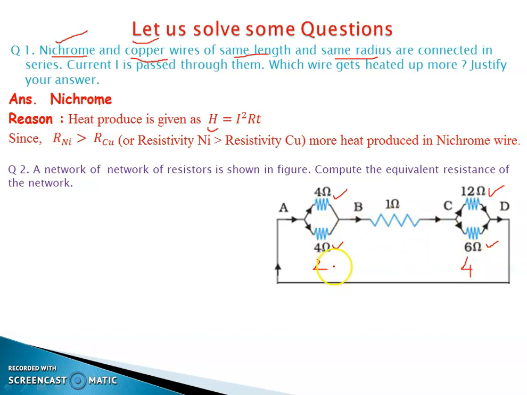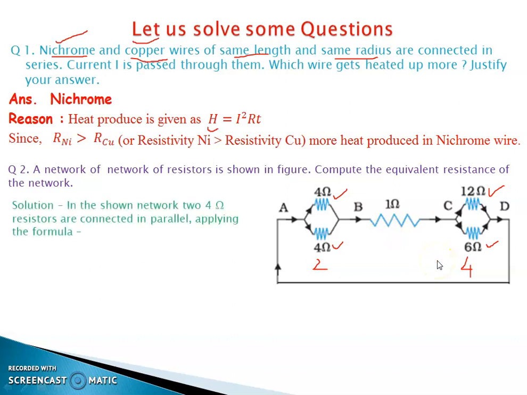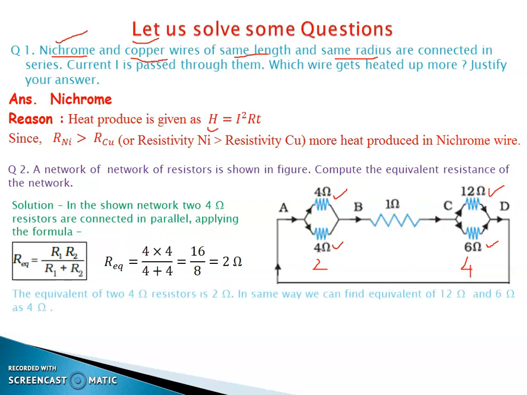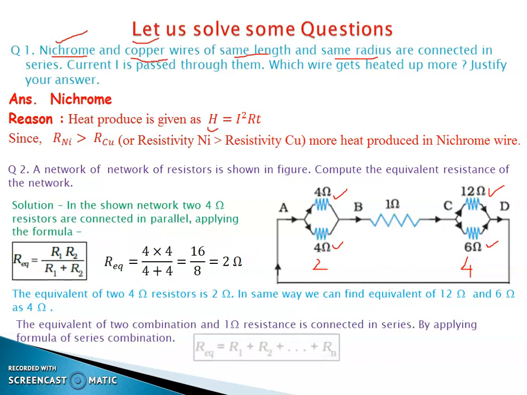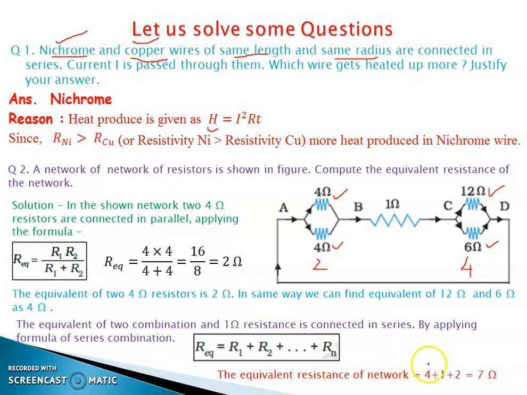Now this resistor of 2 ohm, this one of 1 ohm and 4 ohm are in series, and we can directly add 2, 1 and 4, we get 7 ohm resistance in the network, right? So this is for one loop, similarly for the other loop, and then we add these three resistances, 4 ohm, 1 ohm, 2 ohm, we get the answer 7, right?